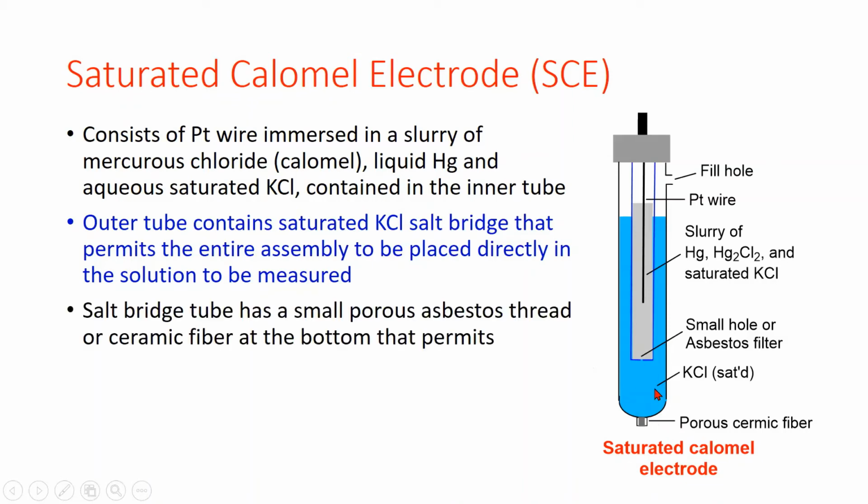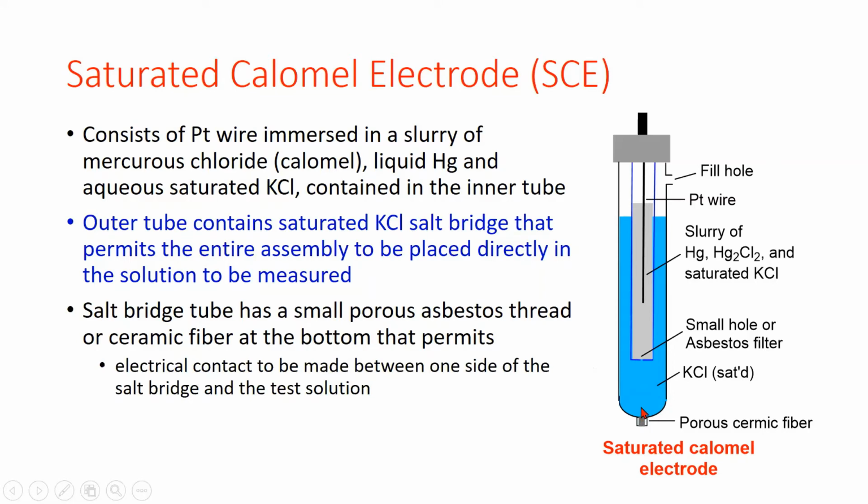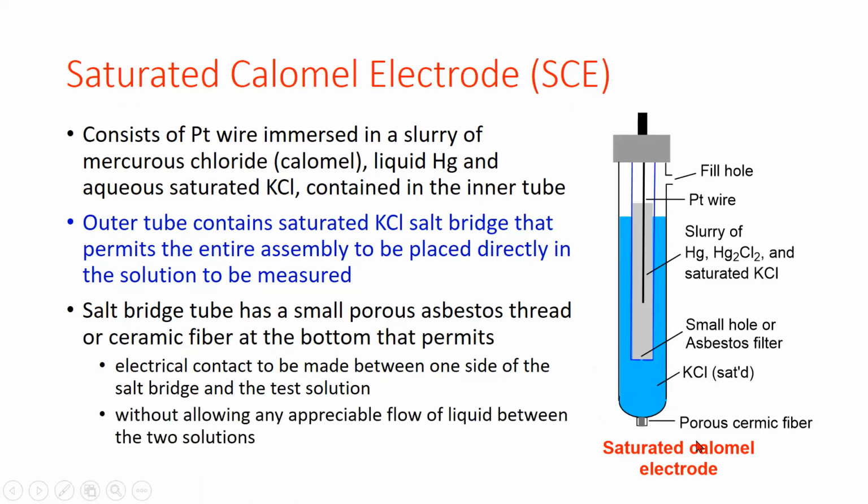The salt bridge tube has a small porous ceramic fiber at the bottom that permits electrical contact between the inner side of the salt bridge and the test solution without allowing any appreciable flow of liquid between the two solutions.